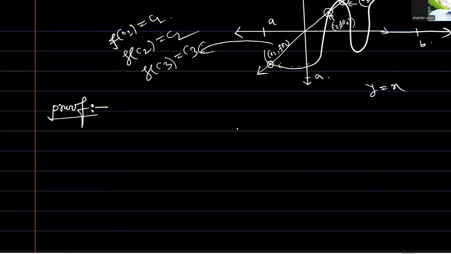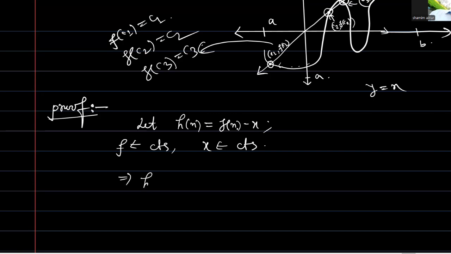We let the function h of x be equal to f of x minus x. Given that f is continuous, and we know that x is also continuous, and the subtraction of two continuous functions is continuous, so this implies h of x is a continuous function.